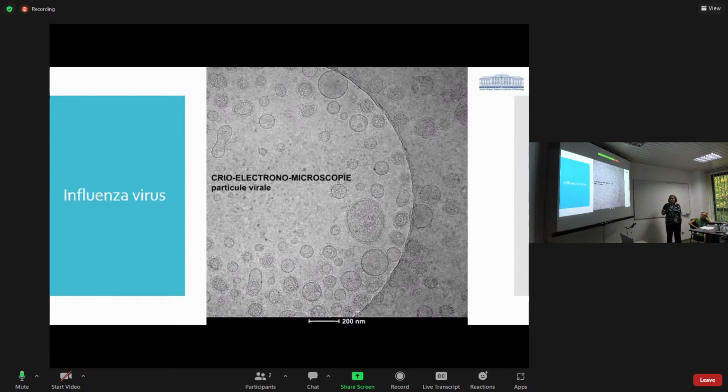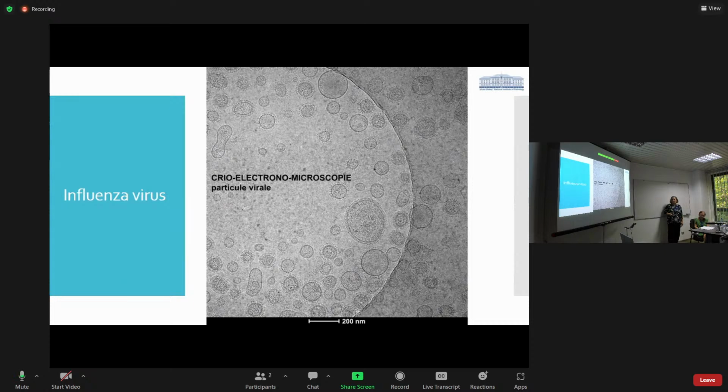One big problem for that is that influenza virus is quite polymorph. We have small particles here and larger particles in the same solution, in the same sample, and the membrane could be different in bidimensional images.